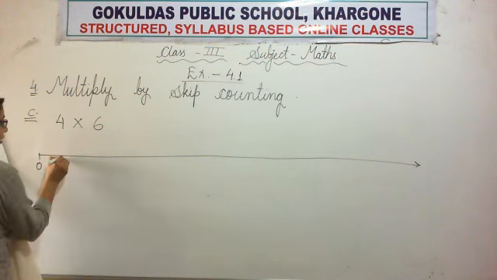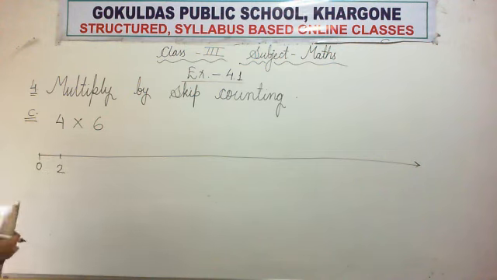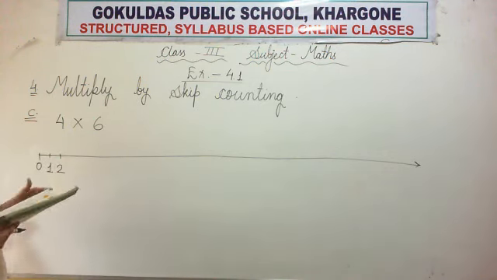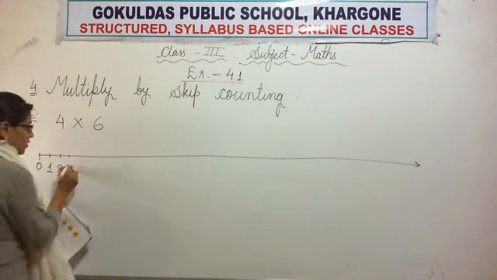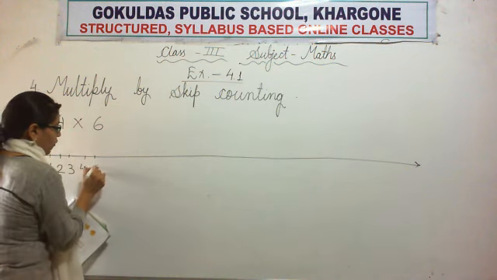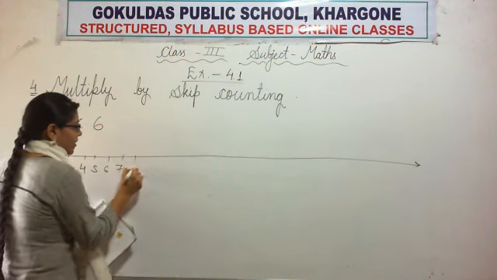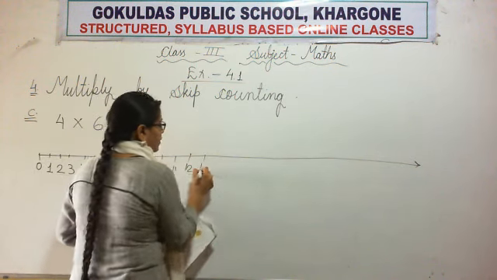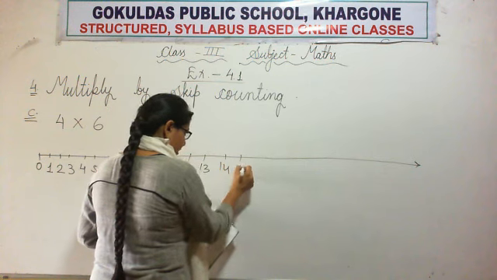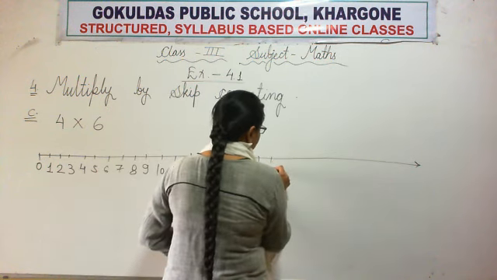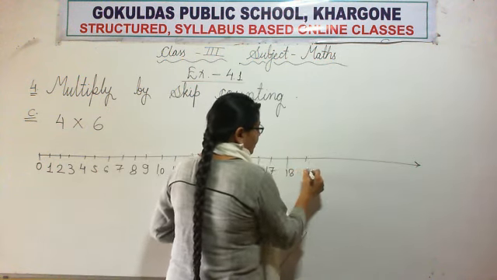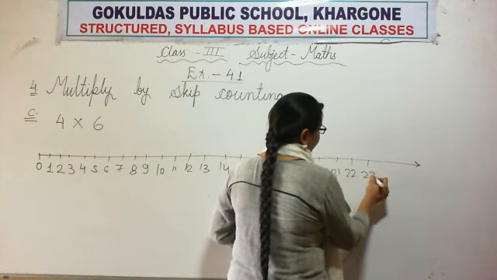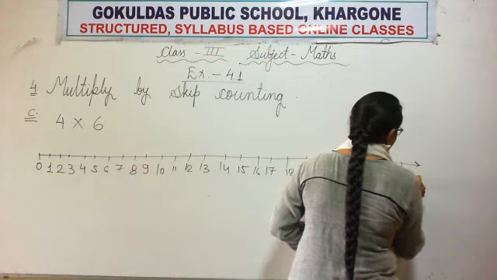In the book, after 0, 2 is written there. So we can assume 1 is there between 0 to 2. 3, 4, 5, 6, 7, 8, 9, 10, 11, 12, 13, 14, 15, 16, 17, 18, 19, 20, 21, 22, 23, 24, 25 and so on.